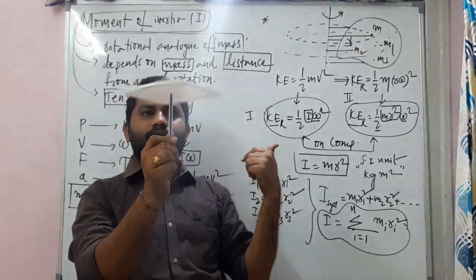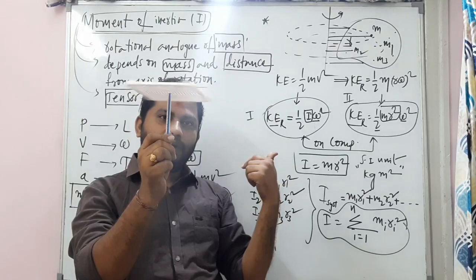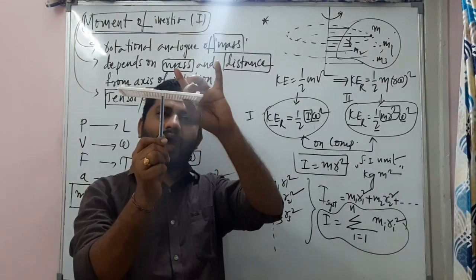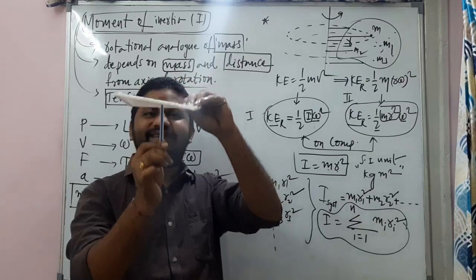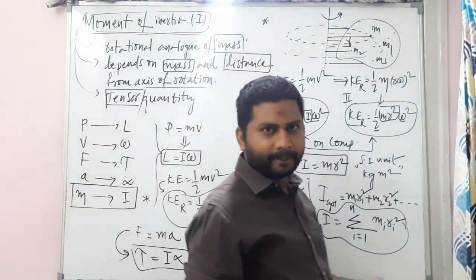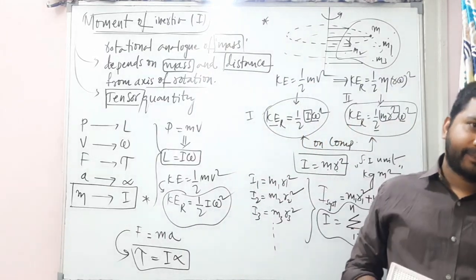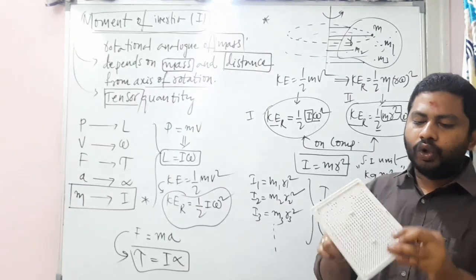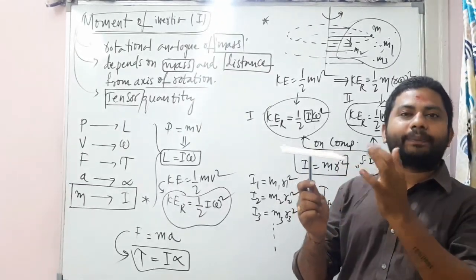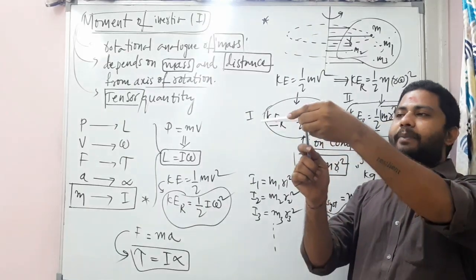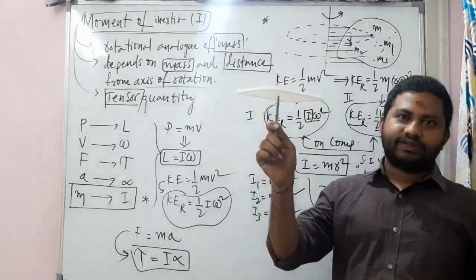The moment of inertia of this square plate about this axis of rotation we can find. We'll do that. If you know the mass of the square plate and the side length of the square plate, you can find the moment of inertia of this square plate about this axis of rotation. Carefully see.